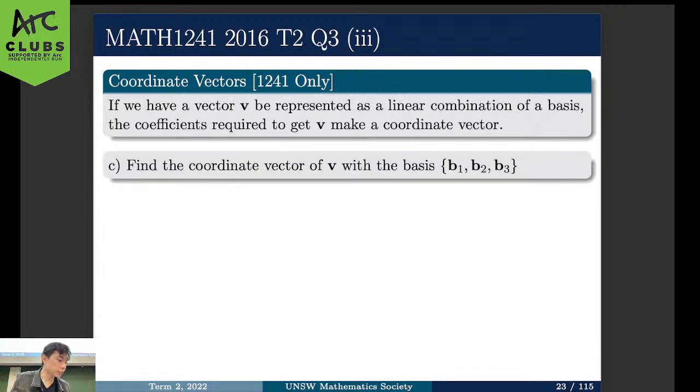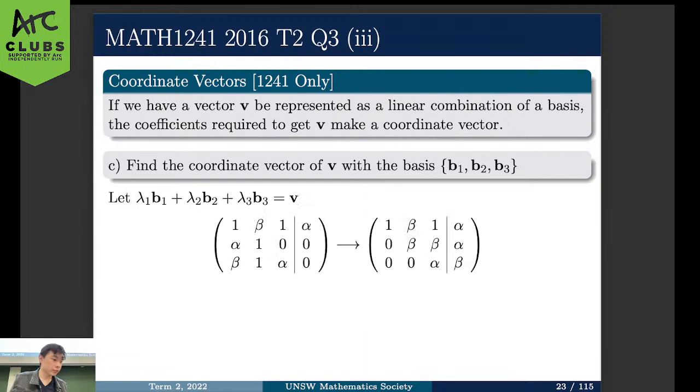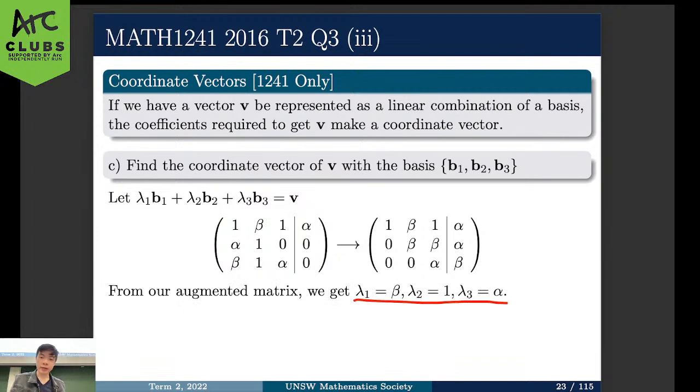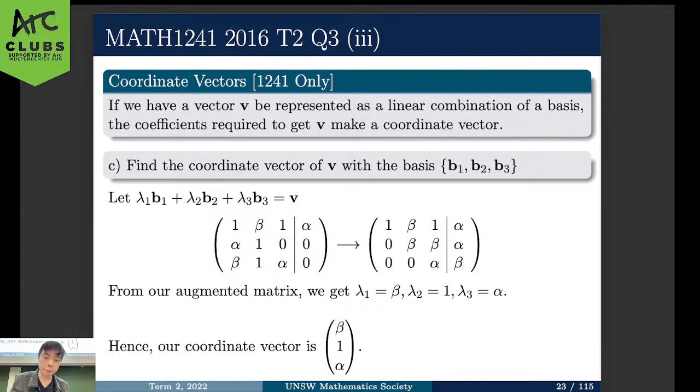So let's just make a coordinate vector of v with respect to the basis b1, b2, and b3. So essentially, you just solve for the linear combination to be equal to that vector, and we should get this as a solution. And from that, we can put it into a vector, which is beta, 1, and alpha.